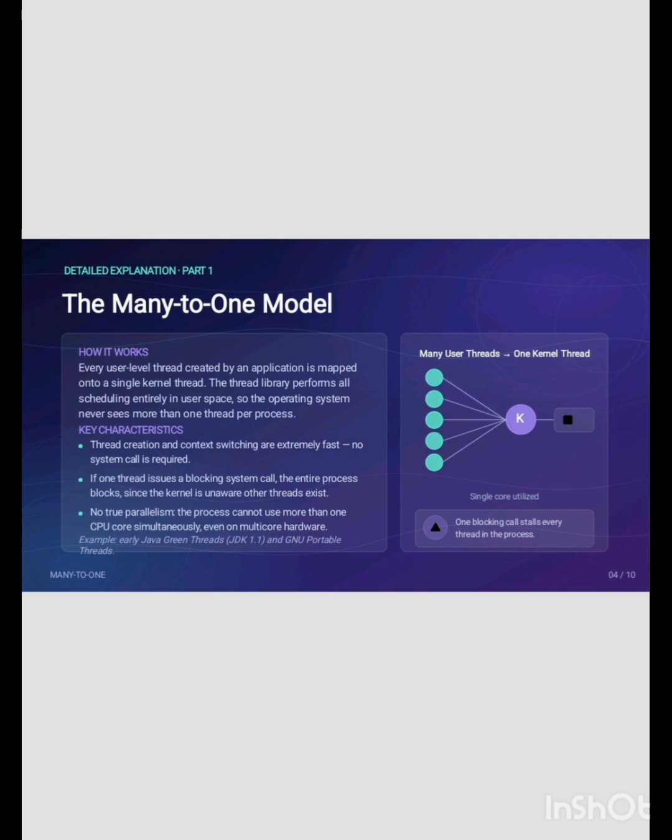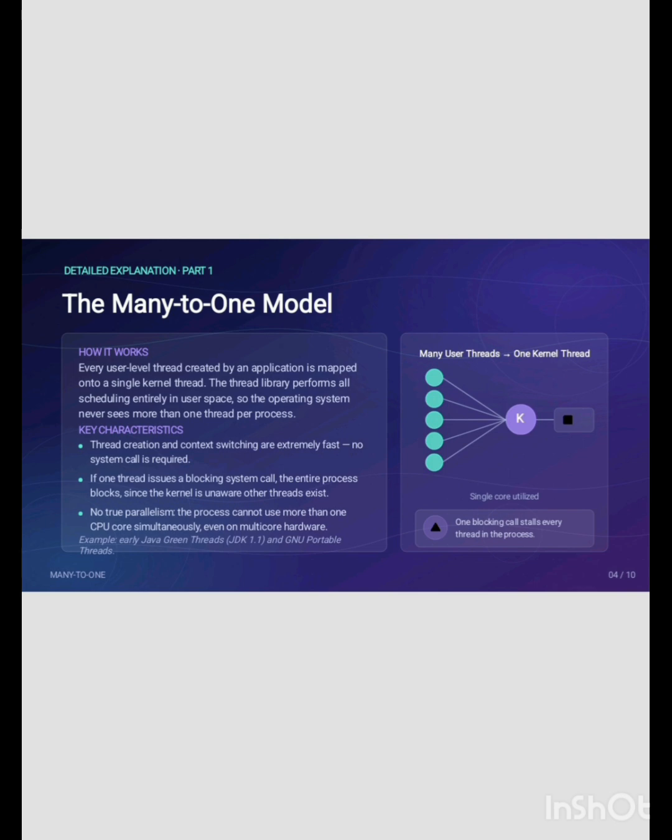Characteristics: first, thread creation and context switching are extremely fast. No system call is required. Second, if one thread issues a blocking system call, the entire process blocks, since the kernel is unaware other threads exist. Third, no true parallelism.